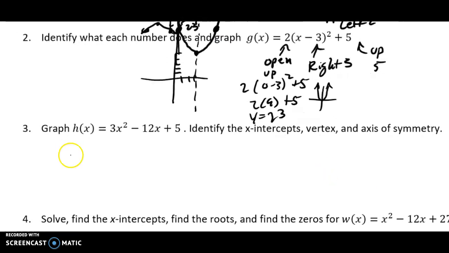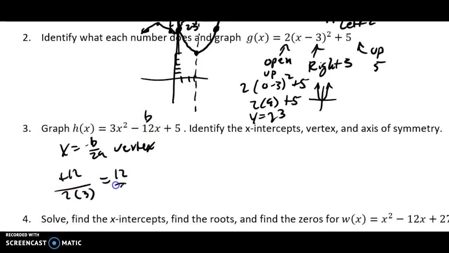This is standard form, so we're going to use the formula x is equal to -b over 2a for the vertex. So we have, this is b, so we're going to use positive 12 over 2 times 3, which is 12 over 6, which is 2. So it means our vertex is going to be 2 comma something.